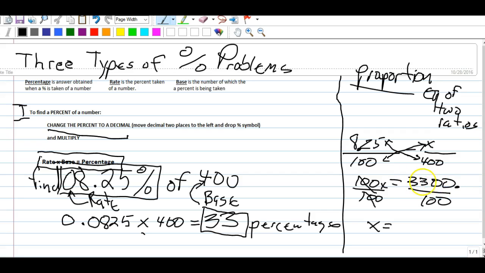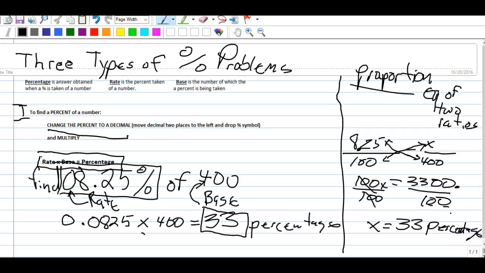When you divide a decimal number by a power of 10, you simply slide the decimal to the left the same number of places that you have zeros in your power of 10. In 100, I have 2 zeros, so I slide the decimal 2 places to the left, and I get x is equal to 33, which again in this particular case happens to be your percentage.